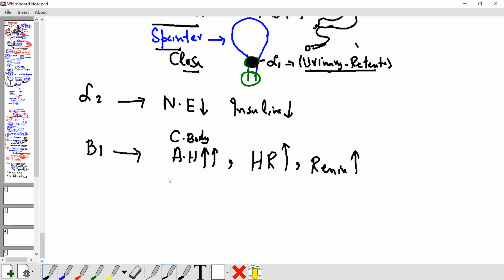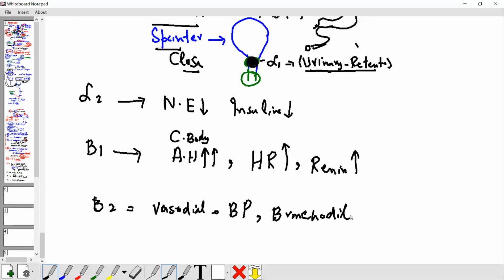Second one, beta 2. Beta 2 doing what? Vasodilation. If vasodilation, it can decrease blood pressure. It also causes bronchodilation. Beta 2 is present on alpha cells and increases the release of glucagon.